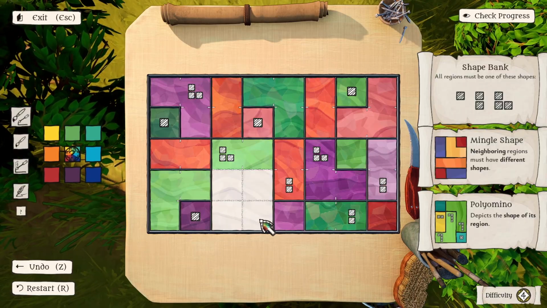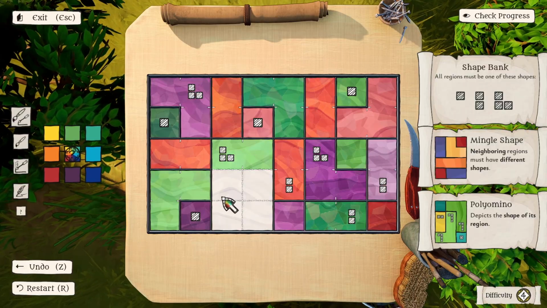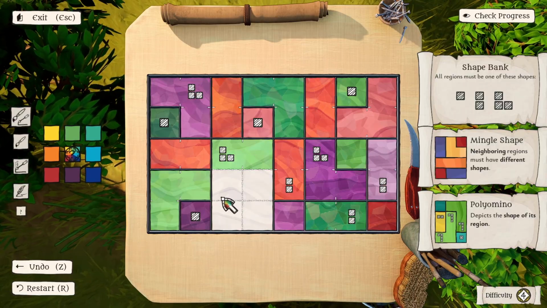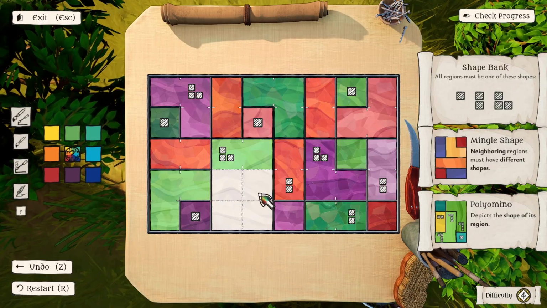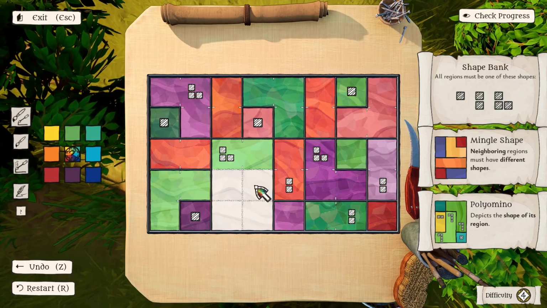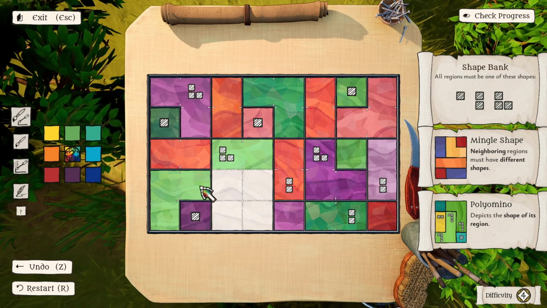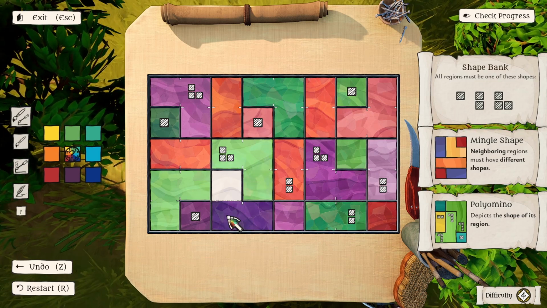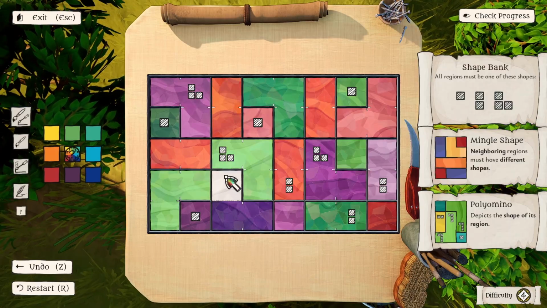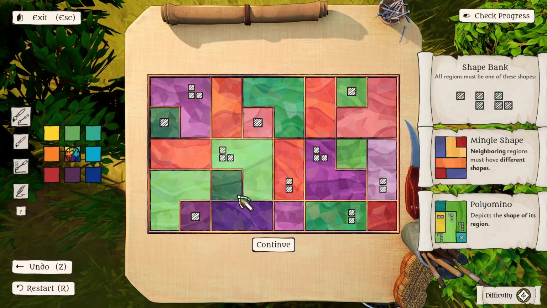Now, there's a 3, a 2, and a 1. The 3 can't touch that. The 2 can't allow the 1 to touch anything.